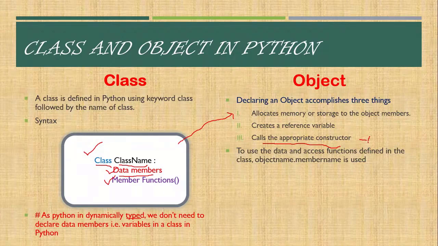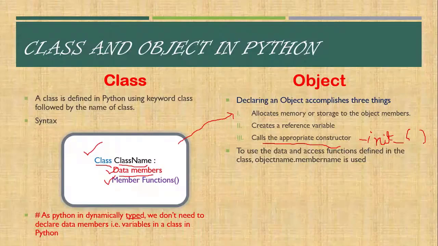So that is the constructor, a method which is called implicitly. We know that a particular method is called by using the dot operator and then the method name, but in case of Python, this underscore underscore init underscore underscore method is called implicitly, because it is a constructor method.